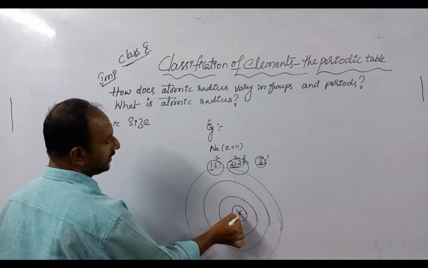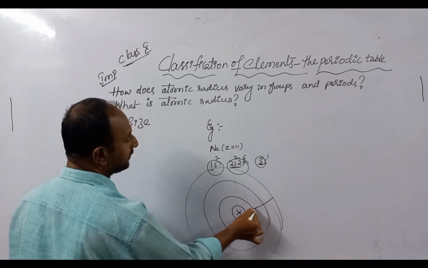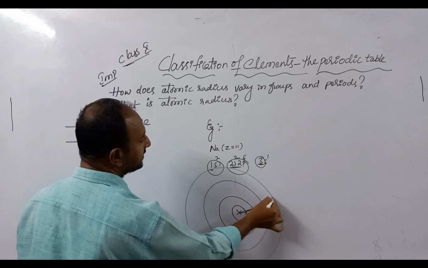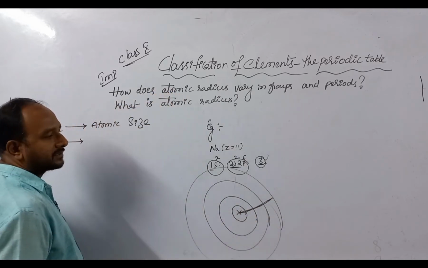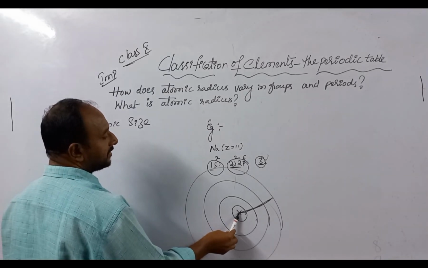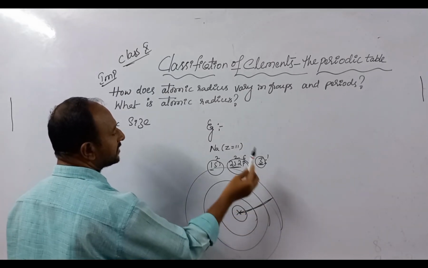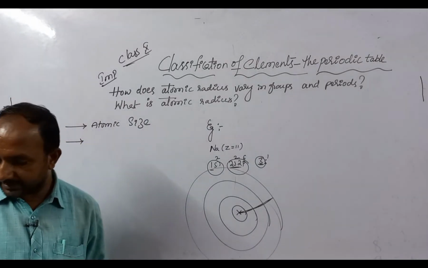This is the center of the nucleus, and this is the outermost shell in the sodium atom. From here to here, this distance is called atomic size or atomic radius. So, the distance from the center of the nucleus to the outermost shell of an atom is called atomic radius.